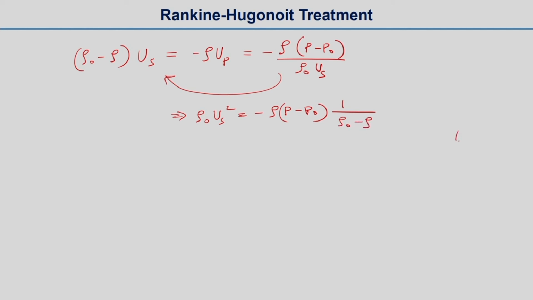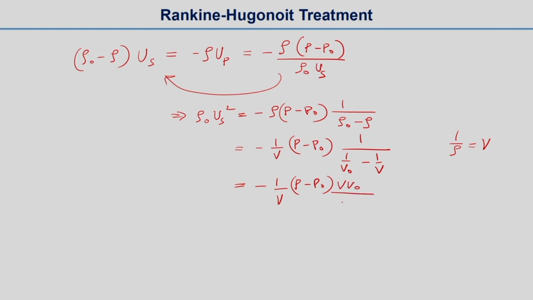So we know that 1 by rho is equal to the volume V. In here if we do this substitution, sorry, this is P only, so P minus P naught, 1 by V naught minus 1 by V, that will give us P minus P naught divided by V multiplied by V naught, V minus V naught.